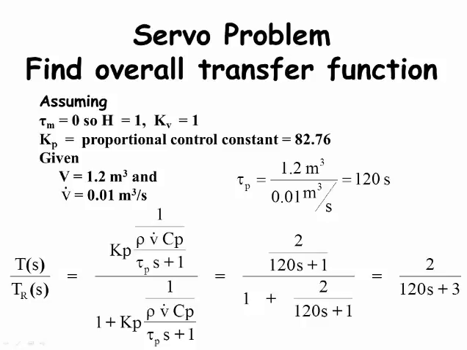If we substitute the values into the transfer function and simplify the equation by multiplying the numerator and the denominator by 120 times s plus 1, the transfer function simplifies down to 2 over 120 times s plus 3. This is the servo problem transfer function for the fluid heater problem.